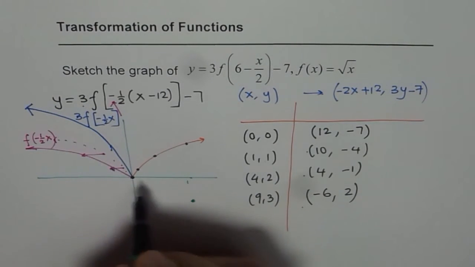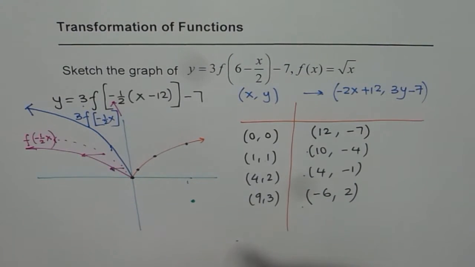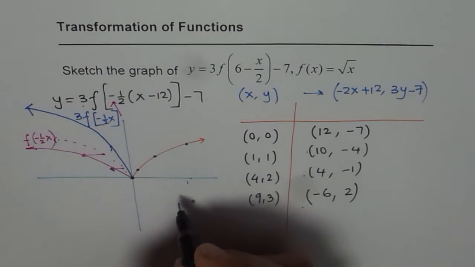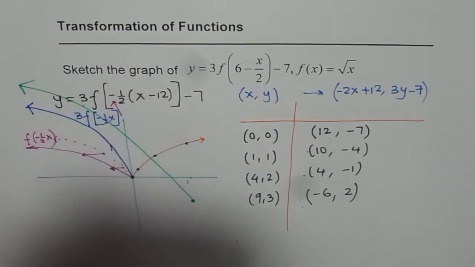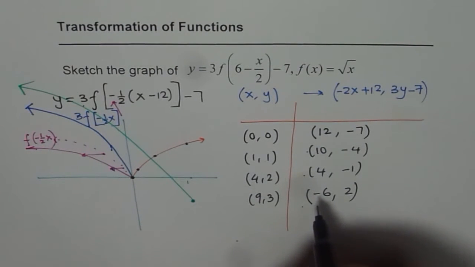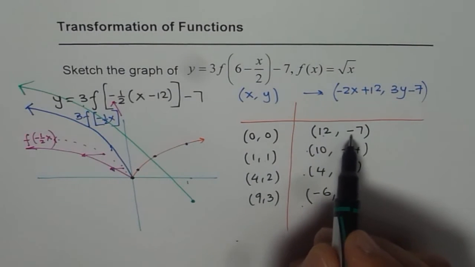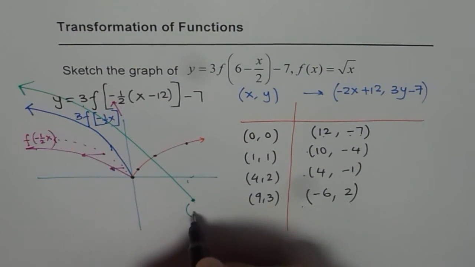I know it's not accurate, but that's what I'm trying to say. So basically, you will see a graph which is kind of like this, and this point is (12, minus 7). 12 units to the right and 7 down.